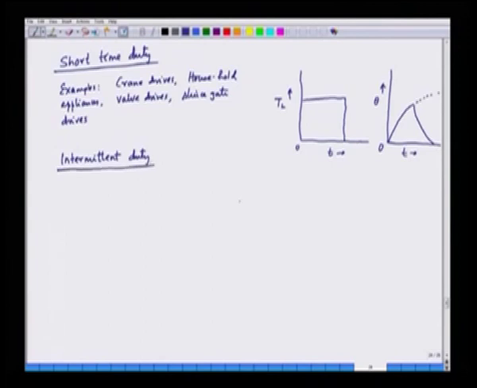The load here is applied and then removed. So, this is basically the load profile we have. T is in the x axis.